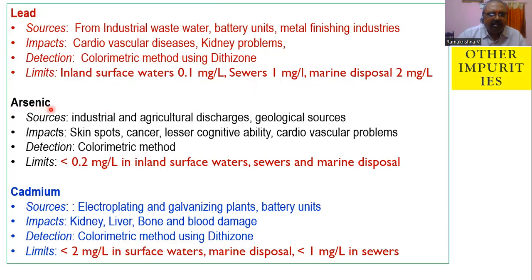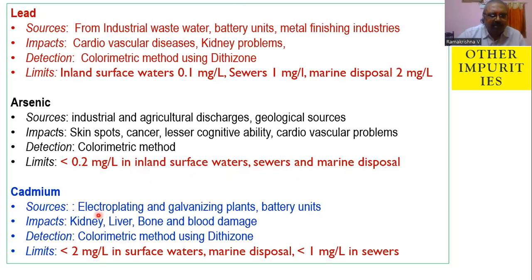Arsenic is another major impurity present in wastewater, arising from industrial and agricultural discharges and geological sources. It can cause skin spots, cancer, lesser cognitive ability, and cardiovascular problems. It can be detected using the colorimetric method, and this value should be less than 0.2 milligram per liter in inland surface waters, sewers, and marine disposal.